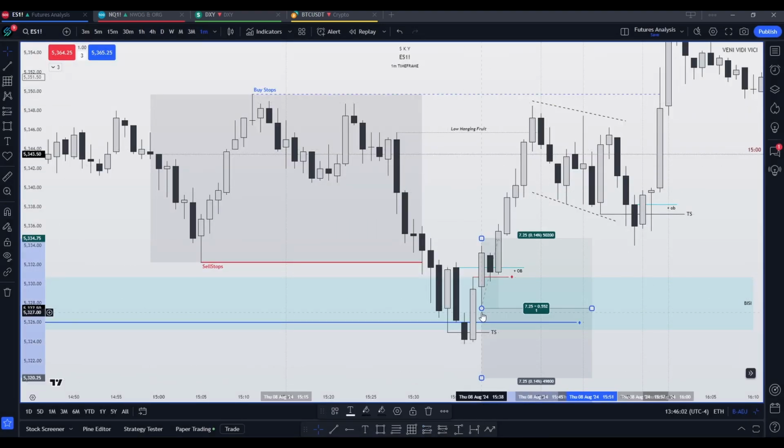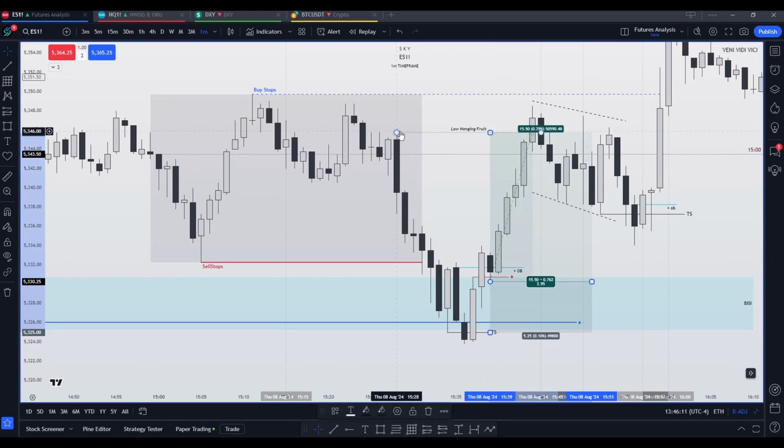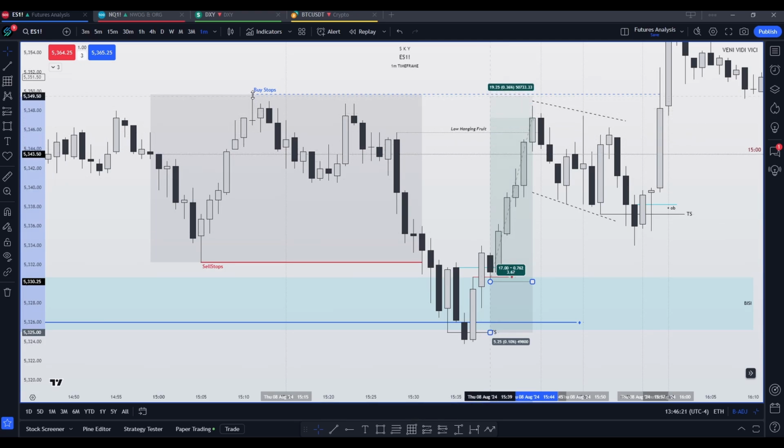If you position yourself here or here, with the stop loss on the turtle soup here or here, I would place it right here. Look, partial on the low hanging fruit with ES is 2.3R risk to reward already. And if you hold your trade to the stops of the range, almost 4 risk to reward.